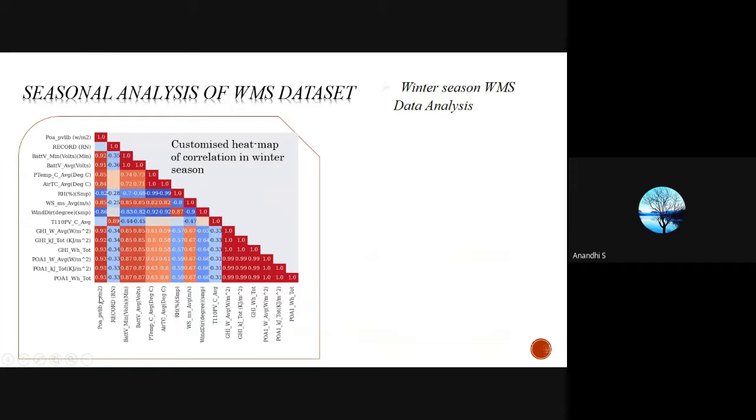For example, if we take this POA from the PV library in watt per meter square and compare it with the battery voltage, it is 0.92. Then it is highly correlated, so we can use this as a predictor and this one as a target variable. Like this, I have compared, and we can visualize easily using this plot, and do further analysis.